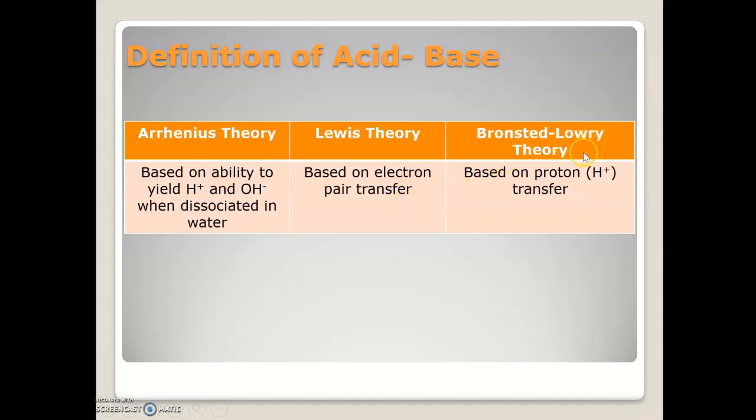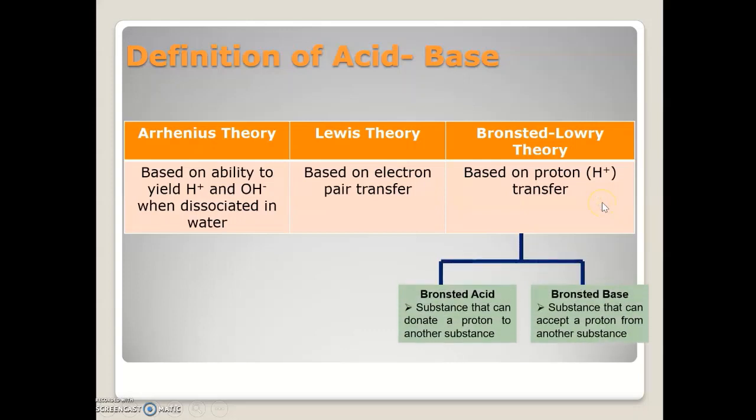And lastly, Bronsted-Lowry defines acid and base based on proton transfer. It is based on the proton donor and the proton acceptor. So we are focusing on the Bronsted-Lowry theory when we identify the acid and base.